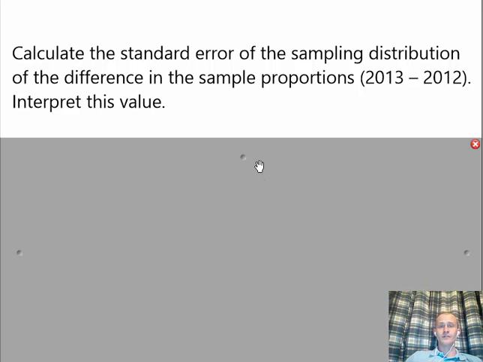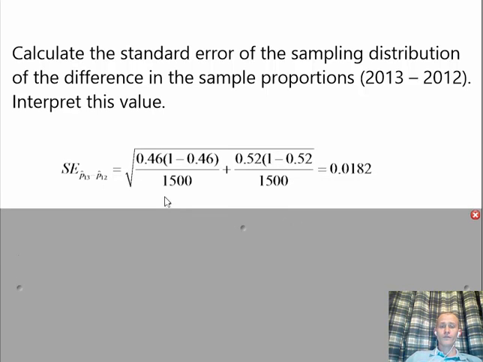So it's going to be 0.46 times 1 minus 0.46 over the sample size, plus 0.52 times 1 minus 0.52 over that sample size. We add those together and then take the square root to find our standard error of 0.0182.